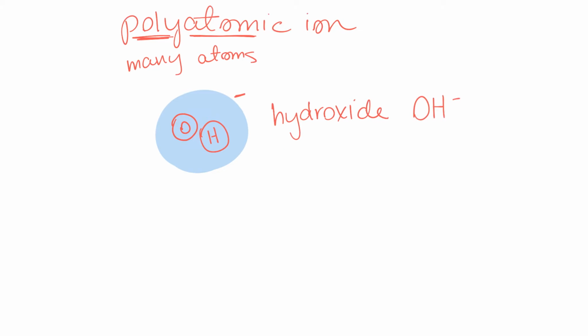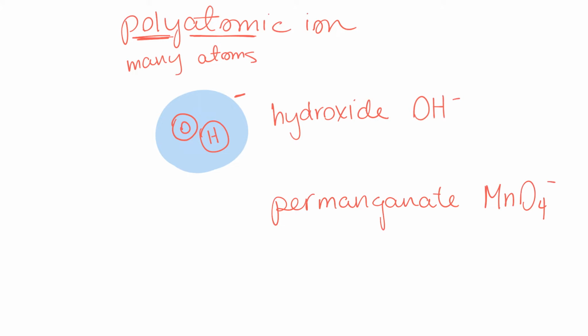Or here's another example, permanganate. Permanganate is MnO4 with a negative charge as well.